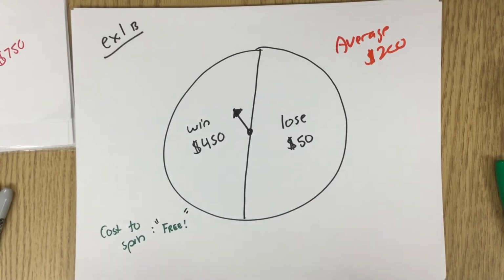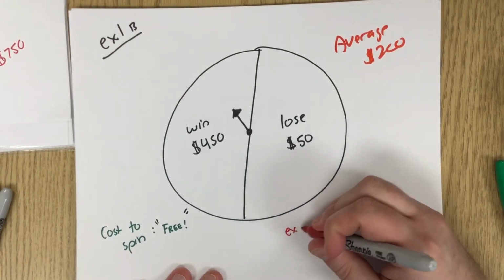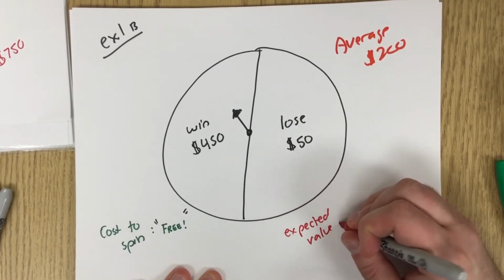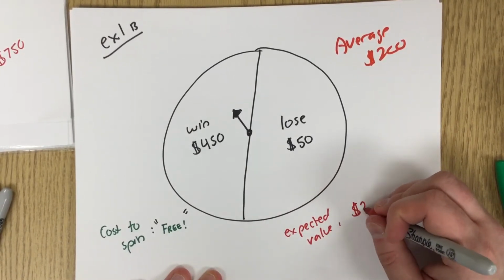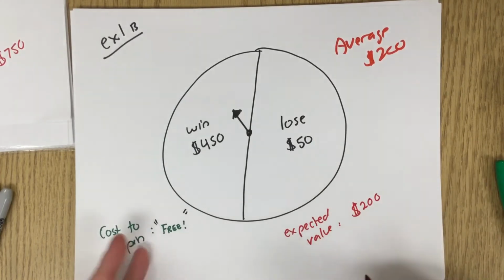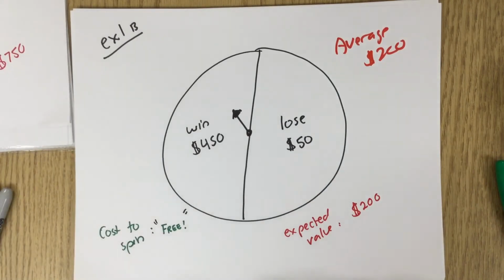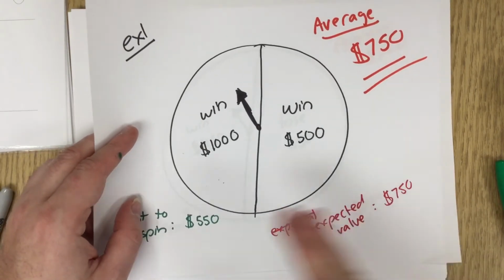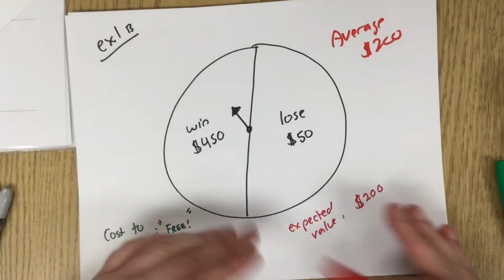But we're going to say that the expected value of this wheel is $200. And the cost to spin is free. Should you spin it? The answer is unambiguously yes. Which makes sense. Notice here, the cost was $550. We expect to get $750, so we expect to get $200 more than we spent. The expected value is $200. They're the same wheel.